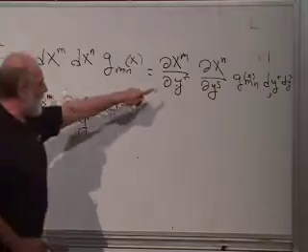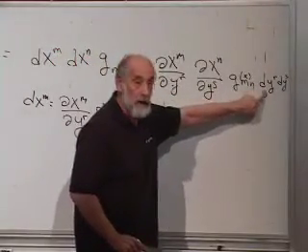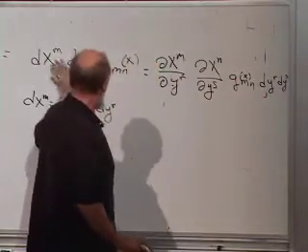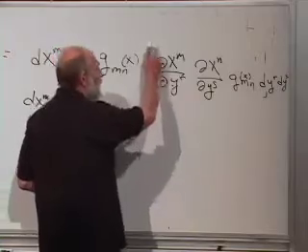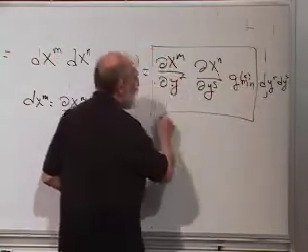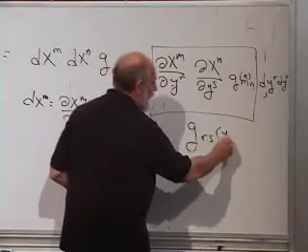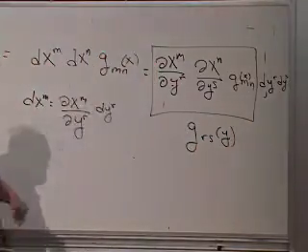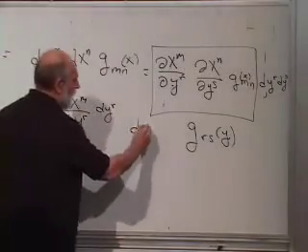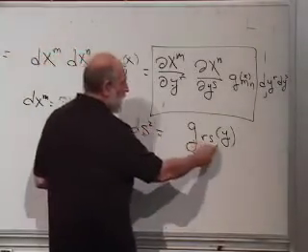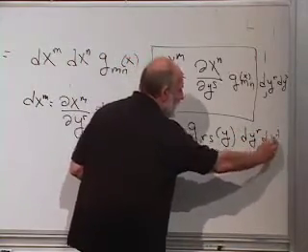dxm and dxn I've each replaced by dx by dy times the corresponding dy. Now if I take this whole thing here and call it grs of y, then my formula reads that ds squared is equal to grs of y dyr dys.